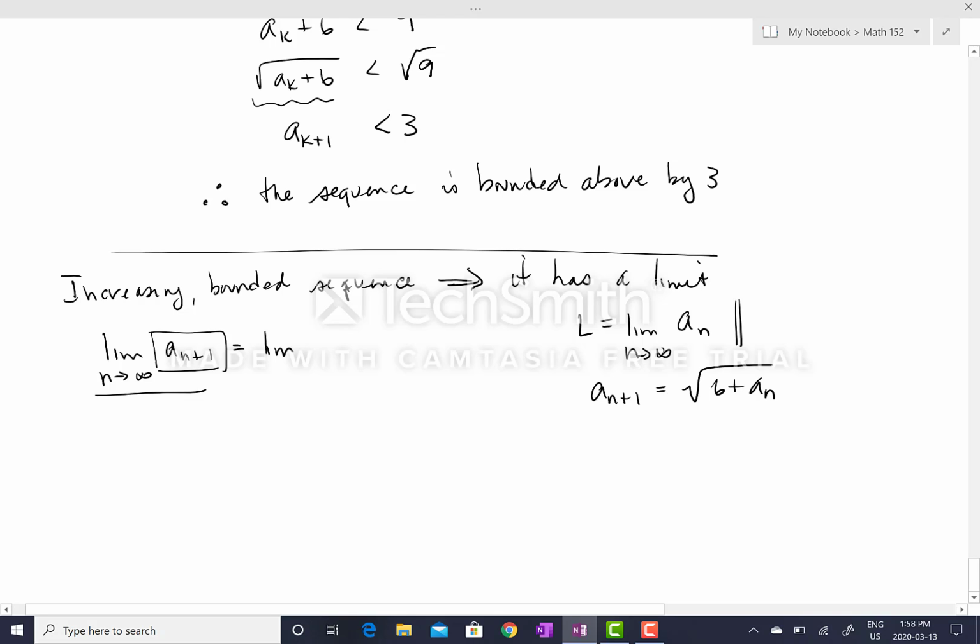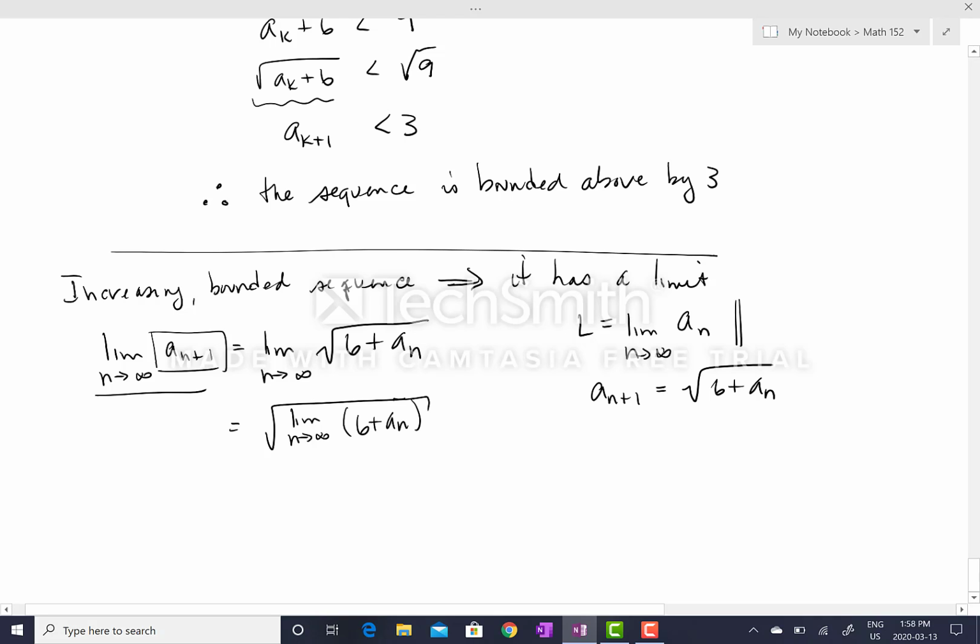That is the limit as n goes to infinity of the square root of 6 plus a_n, and that is going to be equal to the square root of the limit as n goes to infinity of 6 plus a_n.